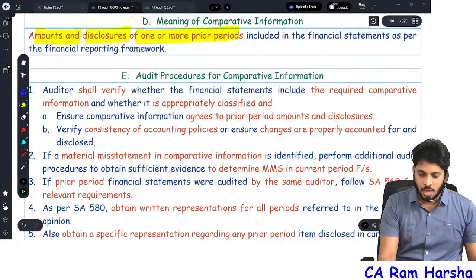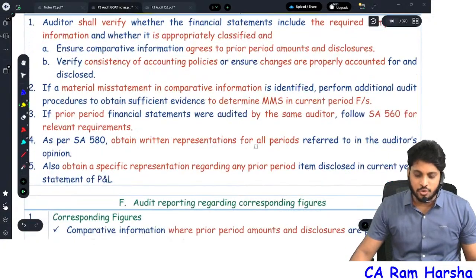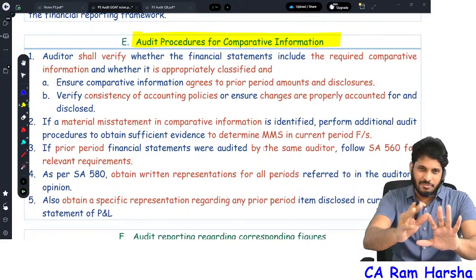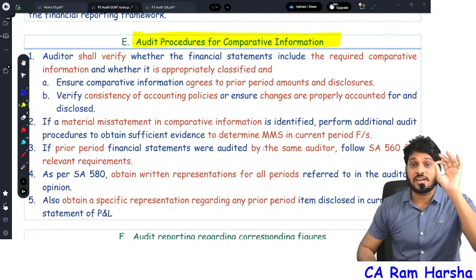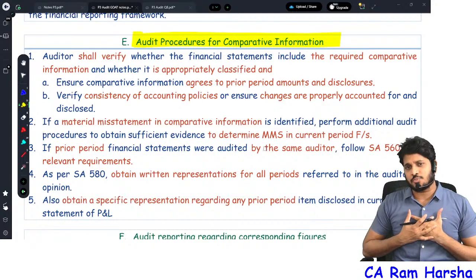Simple. Now, what is the audit procedure for comparative information? Very simple. Forget about corresponding figures and comparative financial statements. If comparative information is given, what is the auditor's procedure generally?